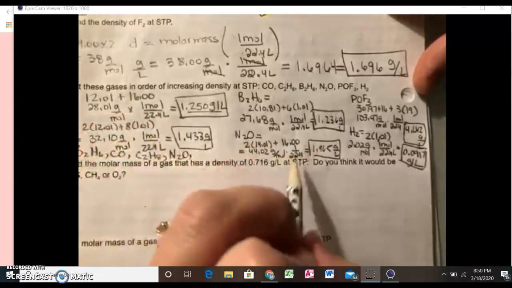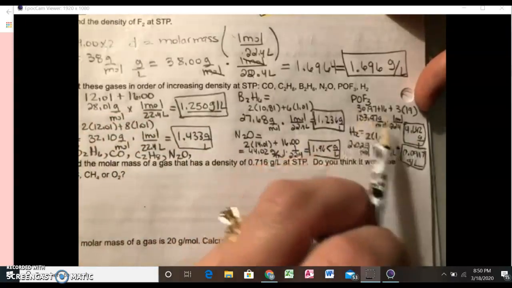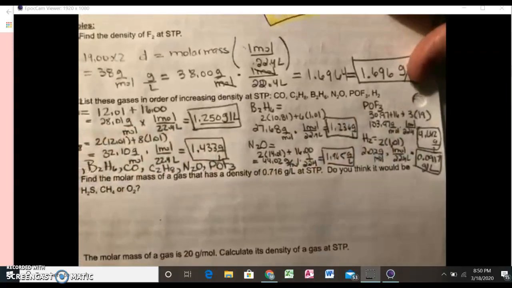And then we have nitrogen dioxide. That is silo gas, kiddos. Talk to your dad if he's a kid of a farmer. He knows about that. And then we have POF3. So that is how I would answer this question.